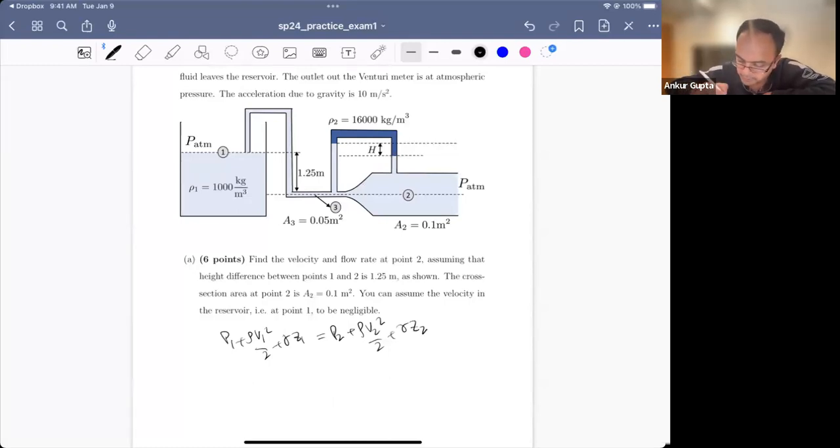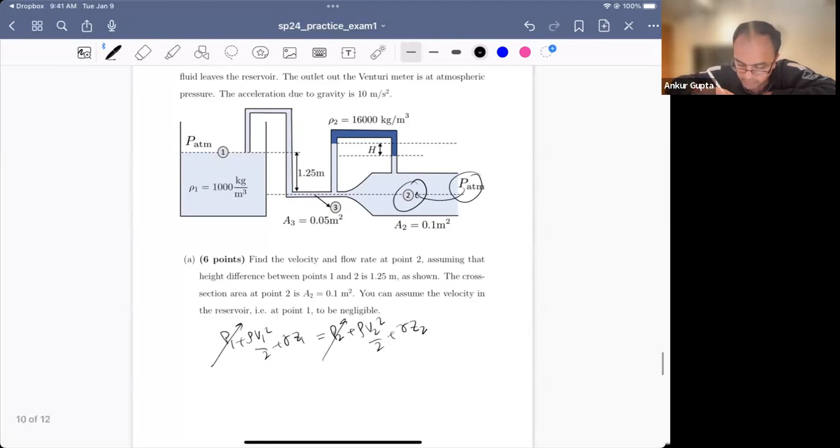P1 is PATM, and P2 is PATM, because there is no pressure drop when the velocity stays constant. Sometimes students get confused: in a straight pipe of the same cross section, Bernoulli's gives no pressure drop.